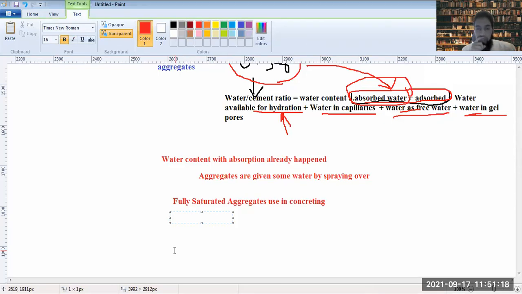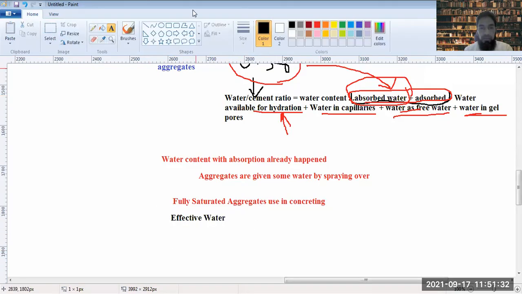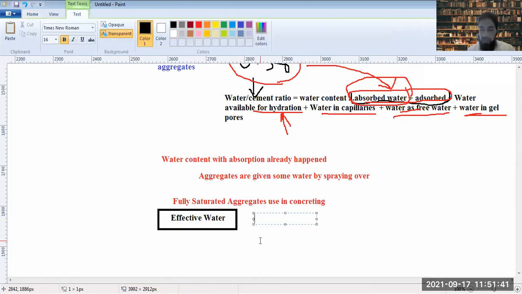So we are determining the water content except this amount. So then we have effective water. So what is effective water? It's the effective water content actually, or you can just simply say effective water.